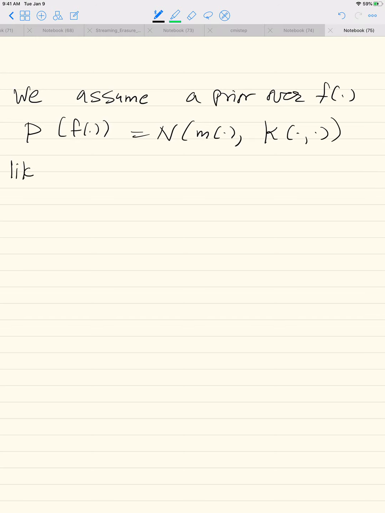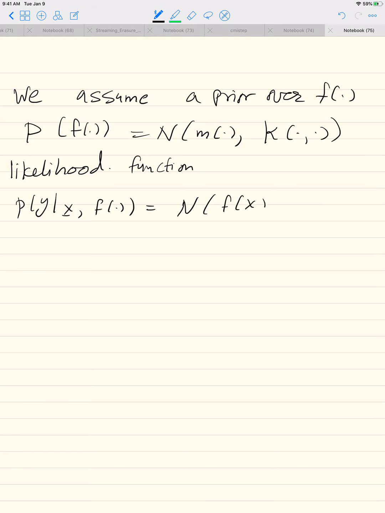We assume a likelihood function, p of y given x and the function f, is Gaussian with mean f of x and variance sigma square.